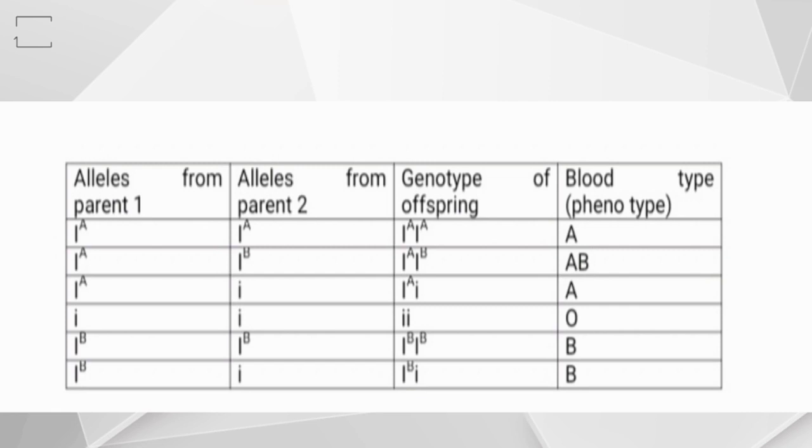For the AB blood group, IA and IB are present together, and then the blood group becomes AB.